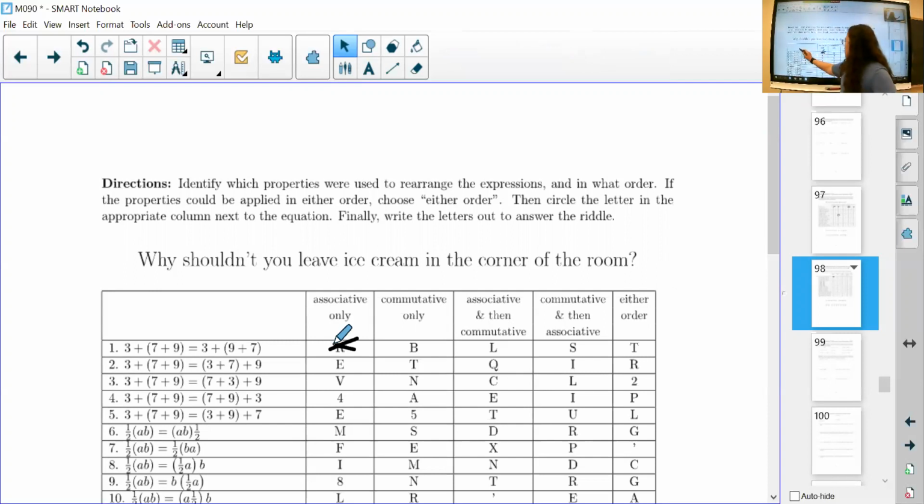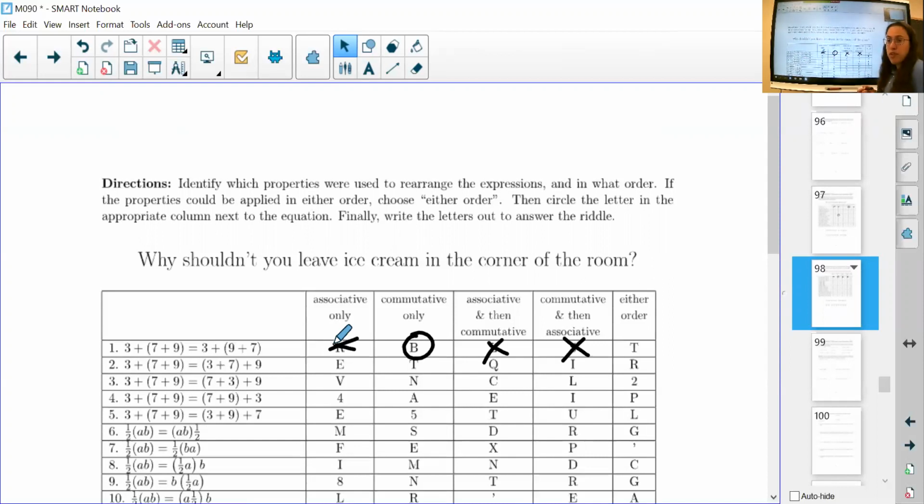The grouping is still around the same two numbers, they've just swapped order. So I'm not using associative at all, and since I'm not using associative at all, that's just commutative. I'm not using any distributive on this page because we have no multiplication.